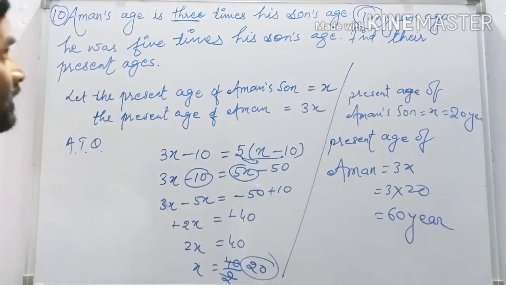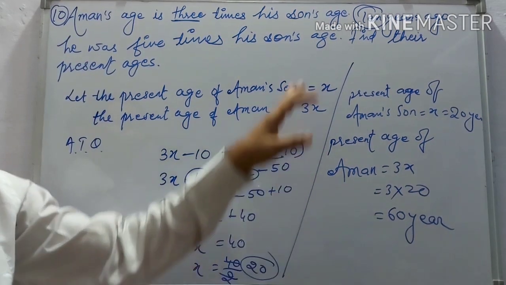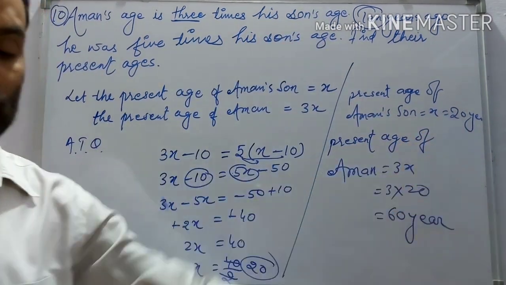It means the age of Aman is 60 years and the age of his son is 20 years.